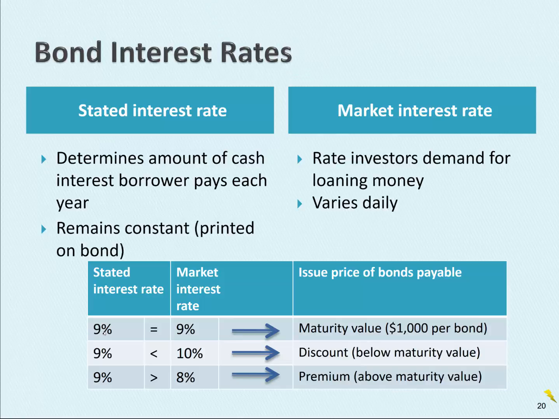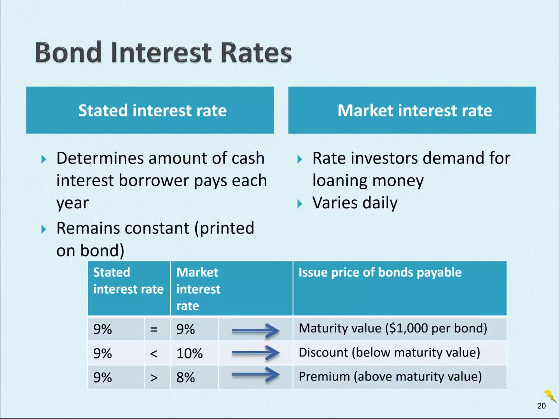Now, several months could go by between the time we choose this 9% interest rate and the time that we sell the bond. So in this scenario, our 9% bond is being sold at the same time that other bonds are also paying 9%, and the bondholders are demanding only 9% to loan their money to us.